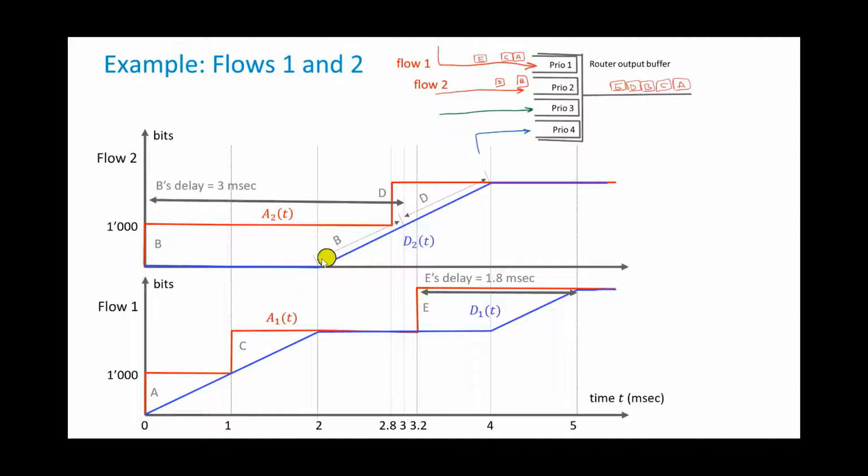This is how the data is flowing out, and we see that the horizontal distance from the red to the blue gives the time here.